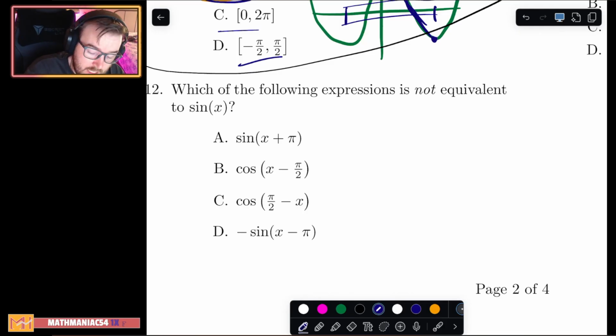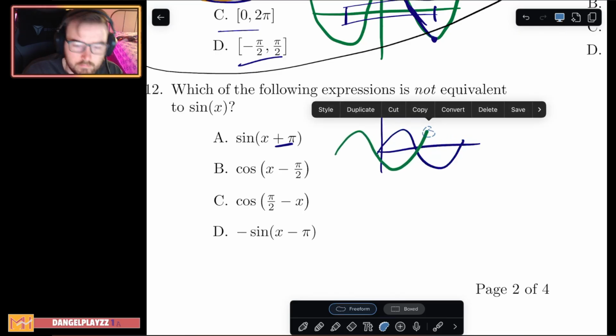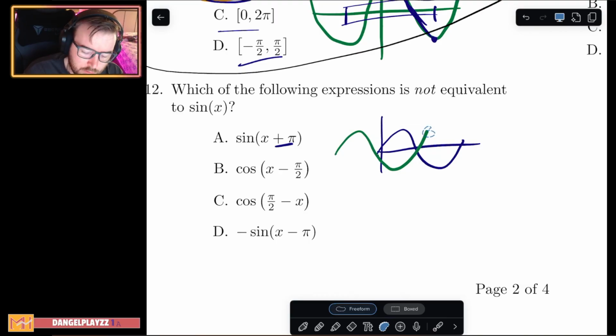Well, if you take the graph of sine and move it left pi, that would be like that. Are those the same anymore? You might be like, bro, what? Let me set the scene a little bit better.